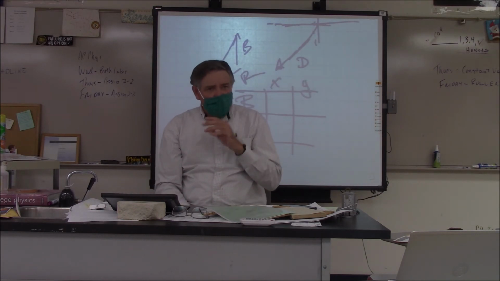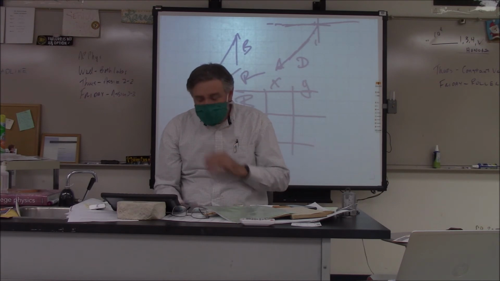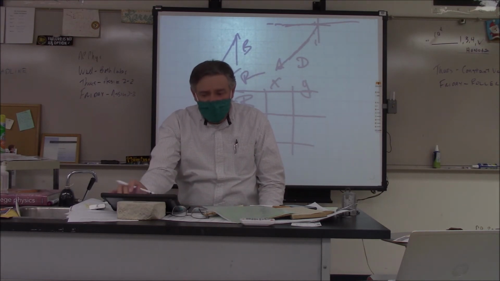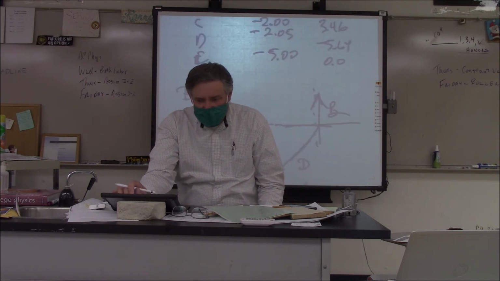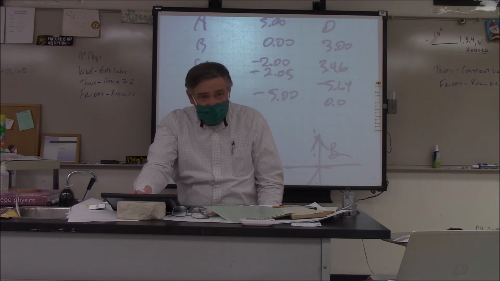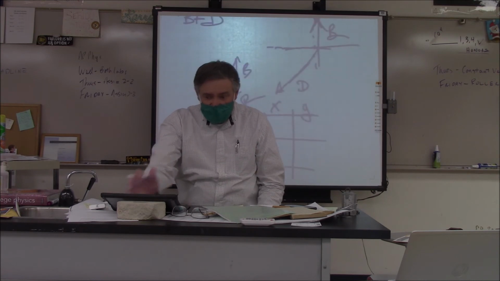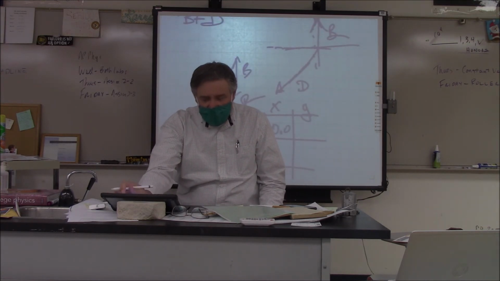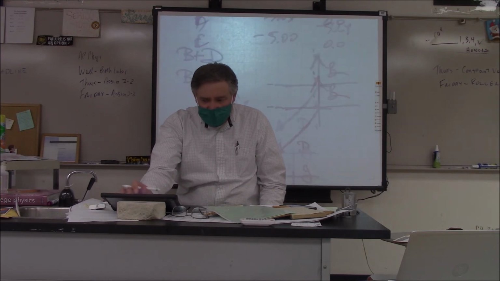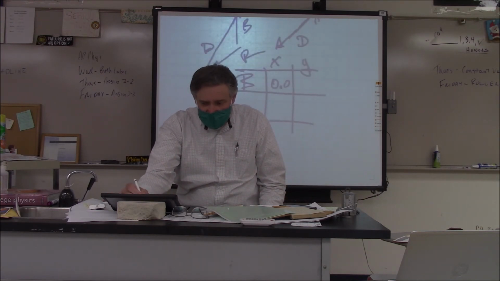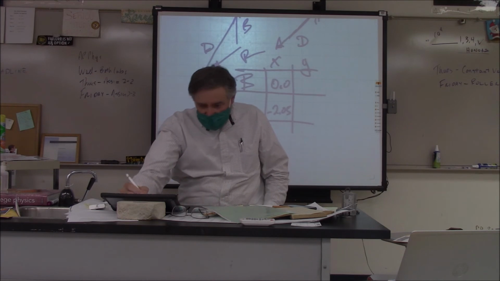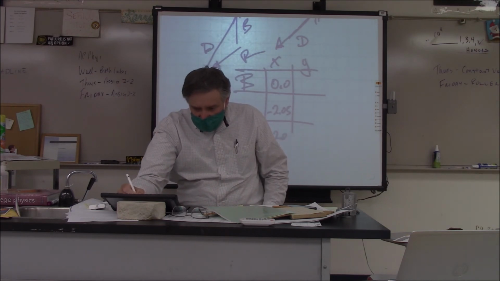We're going to look at the x components by themselves. We said that B's x component was 0, because it's all in the y direction. And D's x component was negative 2.05. Remember, sigma means sum, so we're just going to add these numbers together, and we're going to get negative 2.05.